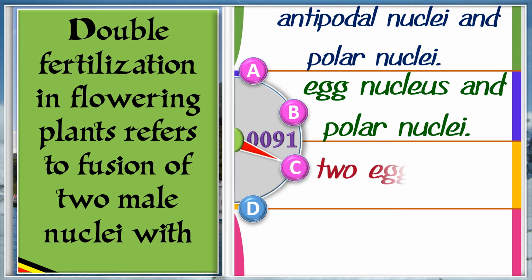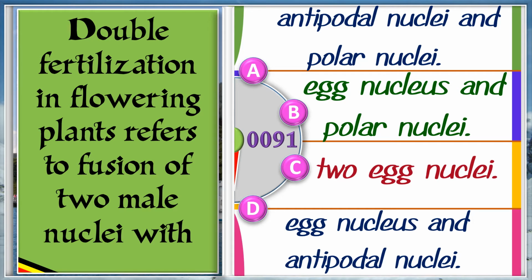C. Two egg nuclei. D. Egg nucleus and antipodal nuclei. And the answer is B. Egg nucleus and polar nuclei.